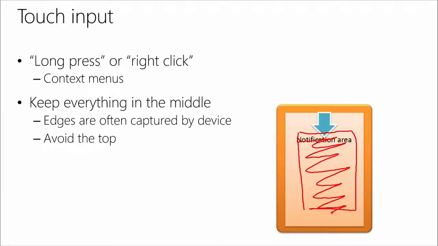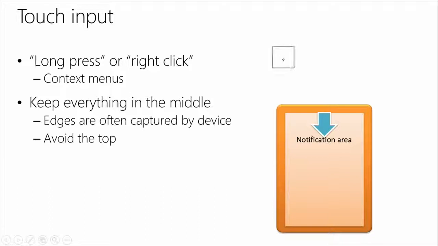It's also not a bad idea at all to add in a long press. One of the things that we teach users, if they're not sure about something, is to put their mouse over it or right click. The analogy to that is press and hold. You'll notice that Windows supports this. And then when I release, well, I'm in ZoomIt, so that's why it's not giving me anything there.